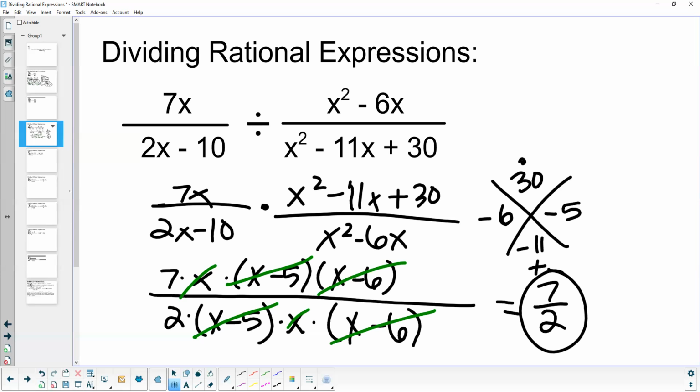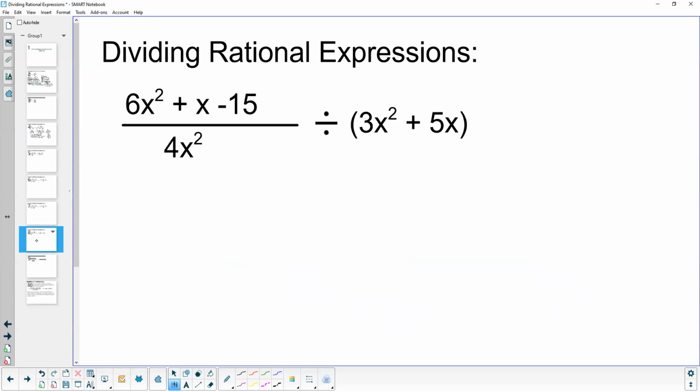Simple as that. Now, what do you think would happen if we were dividing by just a constant term then? So in this case, we've got 6x squared plus x minus 15 over 4x squared divided by 3x squared plus 5x. So what does this mean? Well, remember, we can write anything as a fraction by putting it over 1.